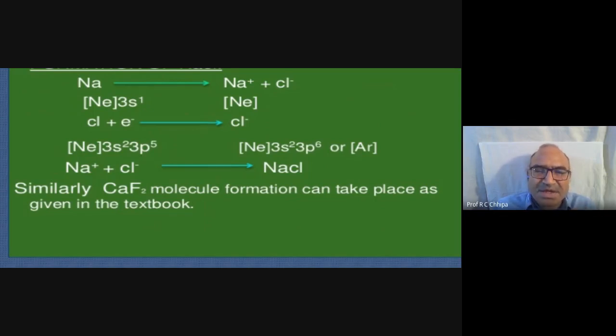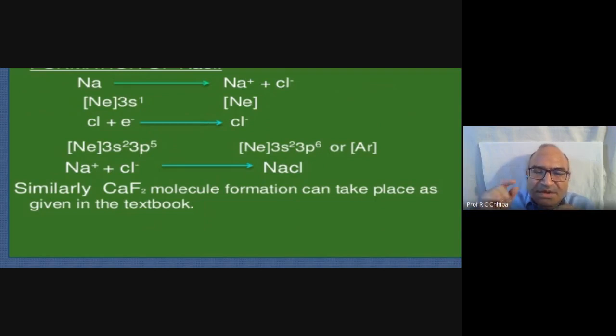Here the chlorine atom gets one electron from a source; in sodium chloride, it gets the electron from the sodium. So Cl minus has the electronic configuration of neon, with 10 electrons, and this is the stable form. Neon is an inert gas.